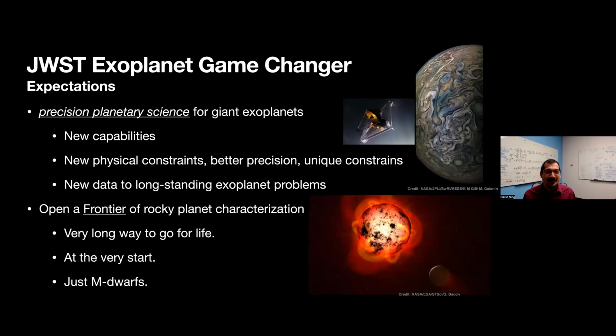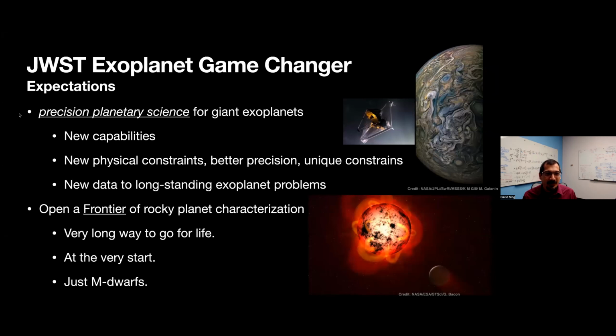So when we talk about JWST being game-changing for exoplanets, going into it, what were some of our expectations? Well, I'll lump these in two categories. One, giant exoplanets. We've been studying these from Hubble and ground for a couple of decades now.